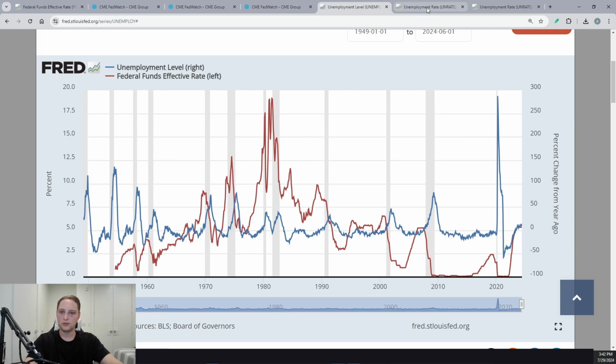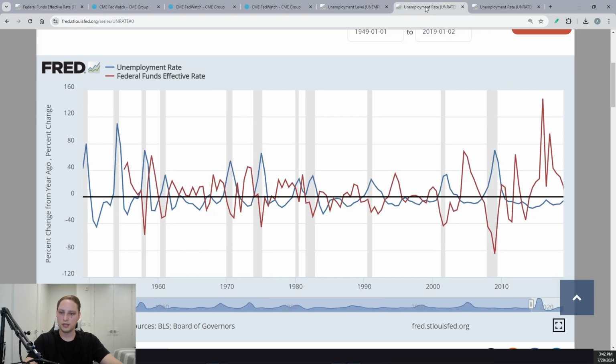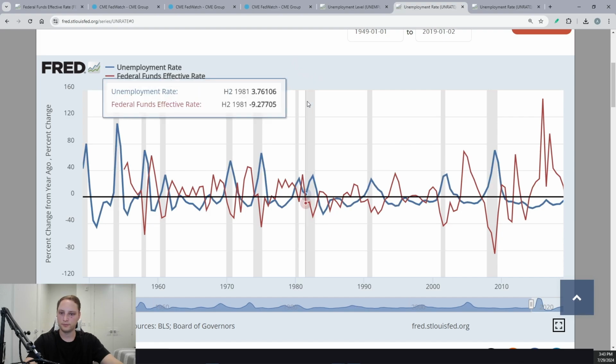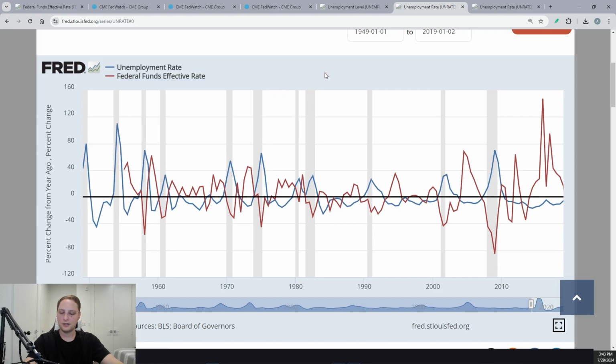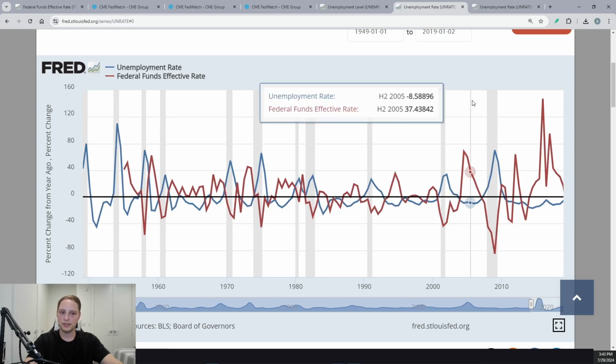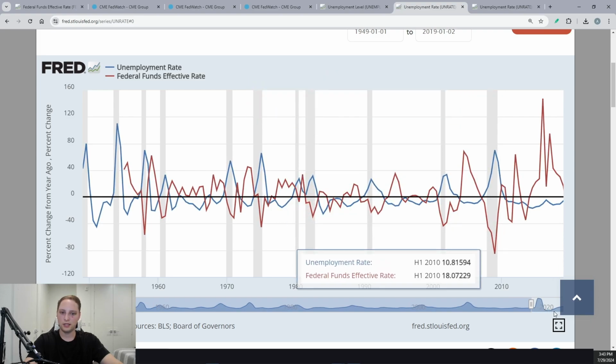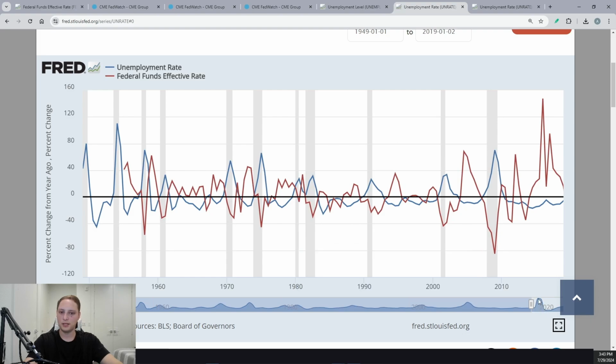So let's look at those changes. This is a percent change in the Fed funds in red and a percent change from a year ago for the unemployment in blue. And this is on a semi-annual basis to get rid of a lot of the noise. I also cut out the years after the pandemic because it made the chart really hard to read.